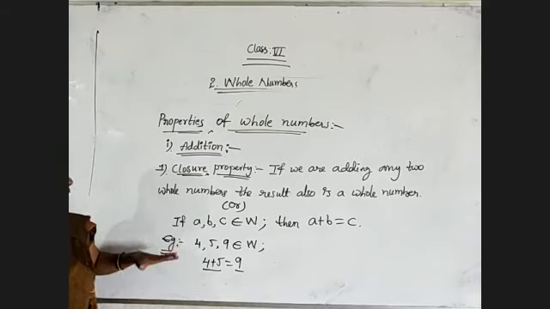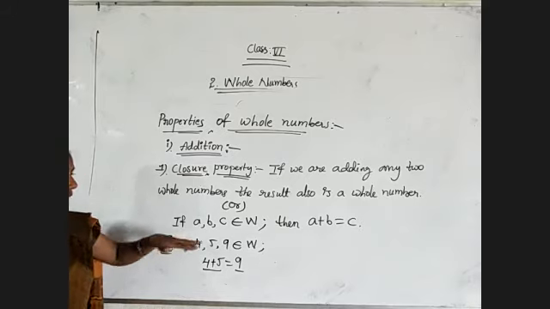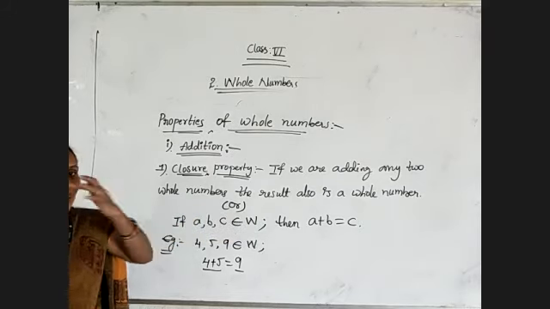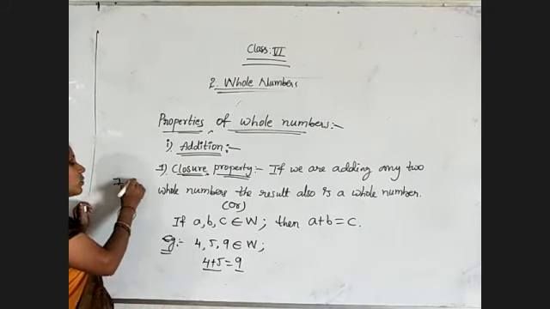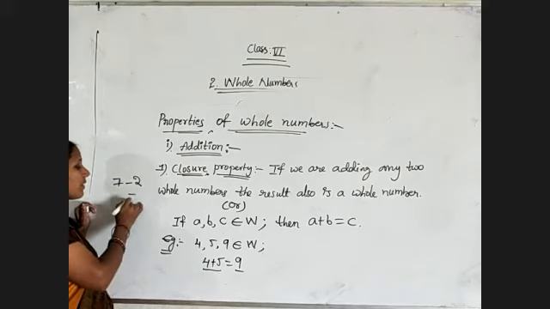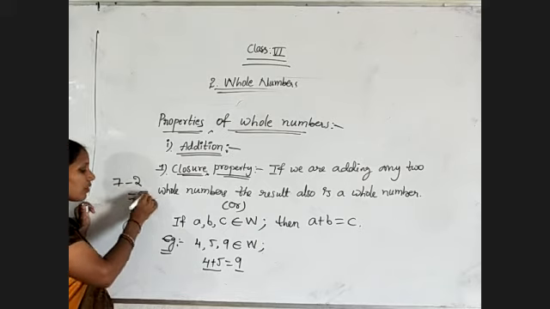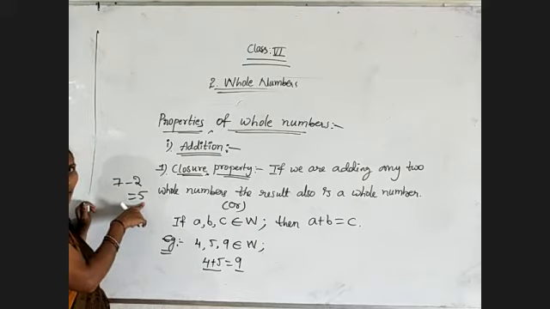See, if we are checking for subtraction, observe, I am taking 7 minus 2. 7 is a whole number, 2 also is a whole number. Their difference is equal to 5. So the difference also is a whole number.